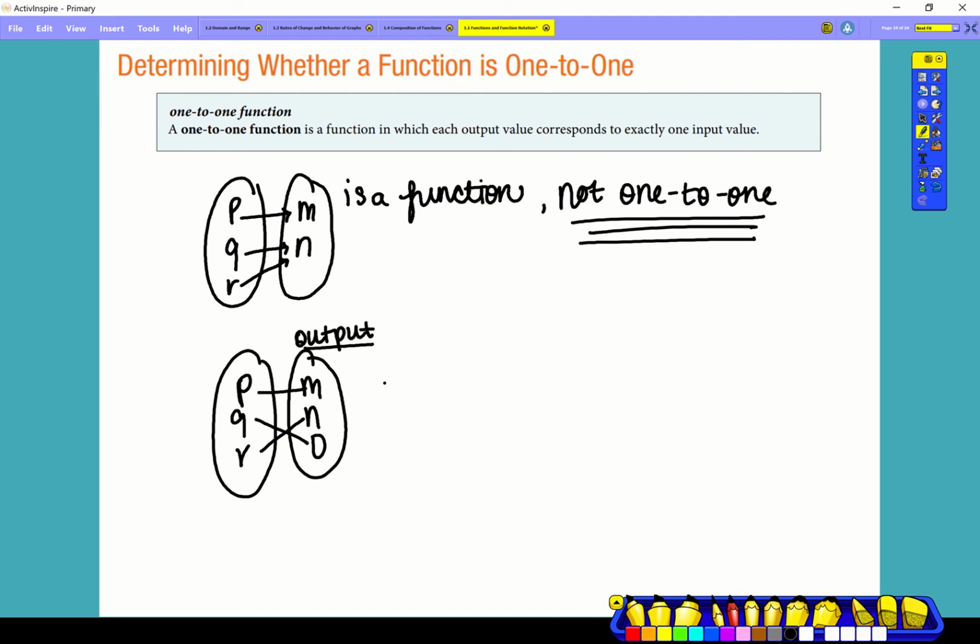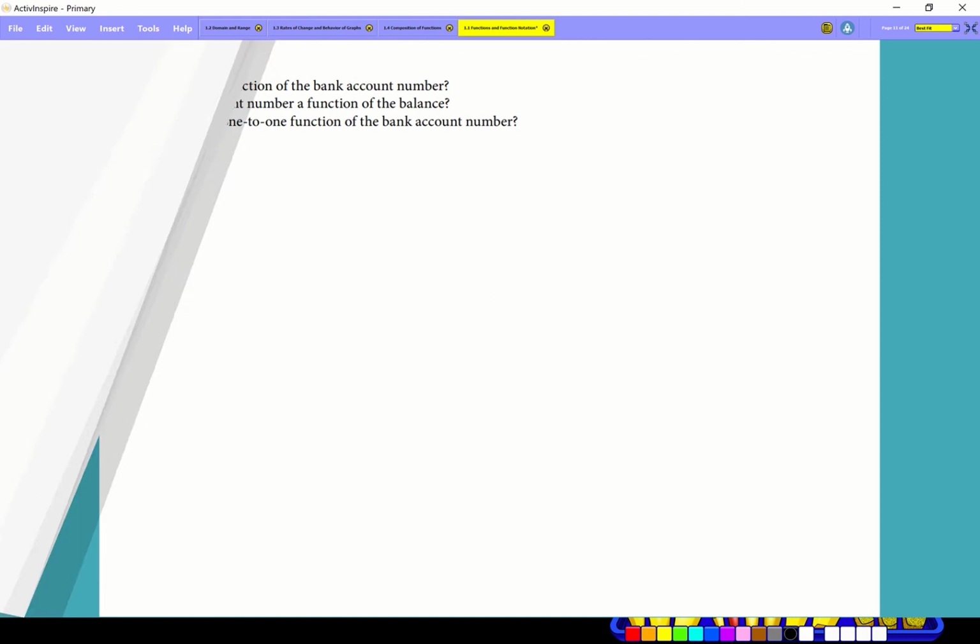Each output value corresponds to exactly one input value. So, no sharing here. They do not like to share. And that's what one-to-one means.